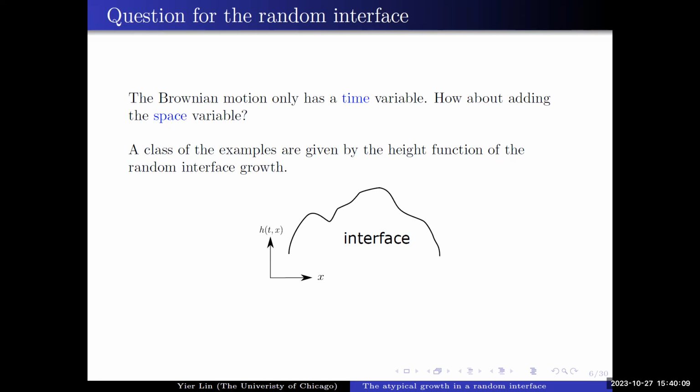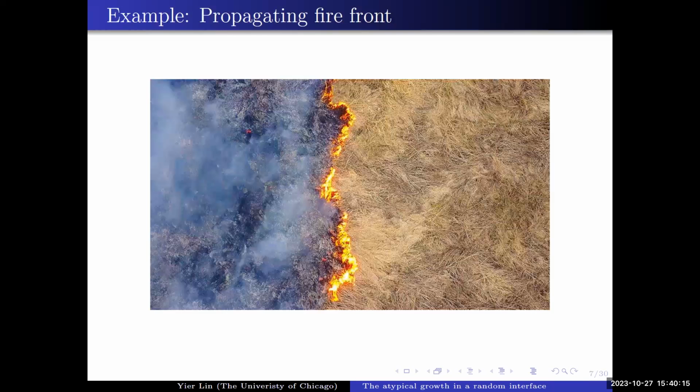This random interface appears everywhere in nature. For example, in California, you can see there are a lot of wildfires and they are propagating. The burned area and unburned area have an interface that is moving, so you can think of it as a growing interface.